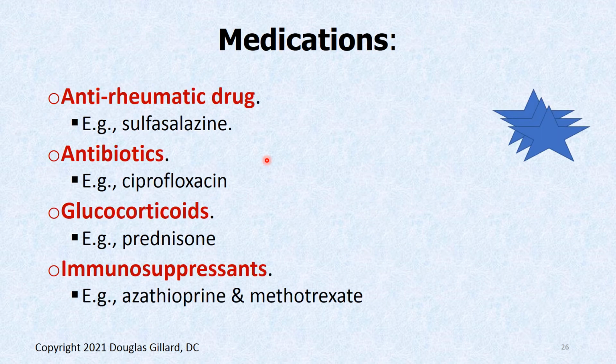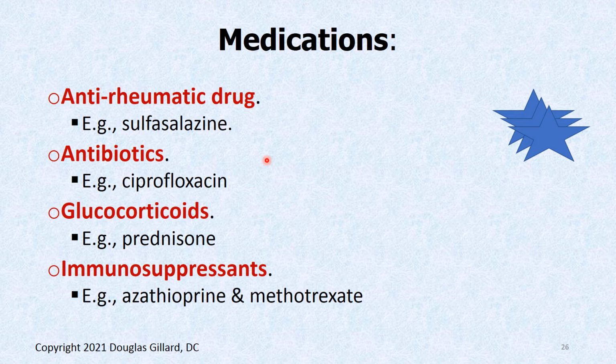What kind of medications are these patients on? Well, they're on anti-rheumatic type drugs, sulfasalazine. I used to have a big long section in here about medications. It's just got too much, so I do have older videos on YouTube if you want to get into the medications, but that's not our primary goal, right, as chiropractors. We should know a little bit about it. So sulfasalazine has been around forever.